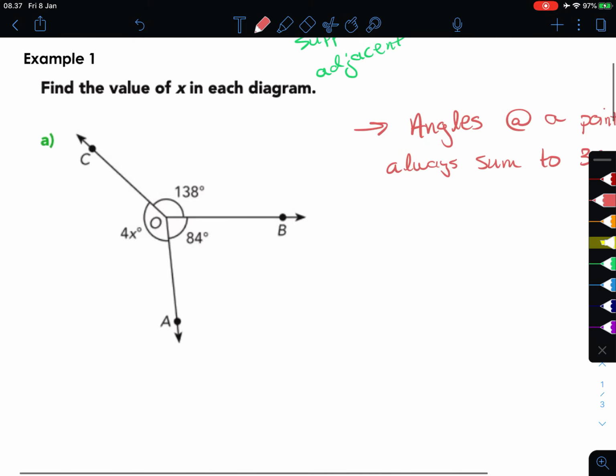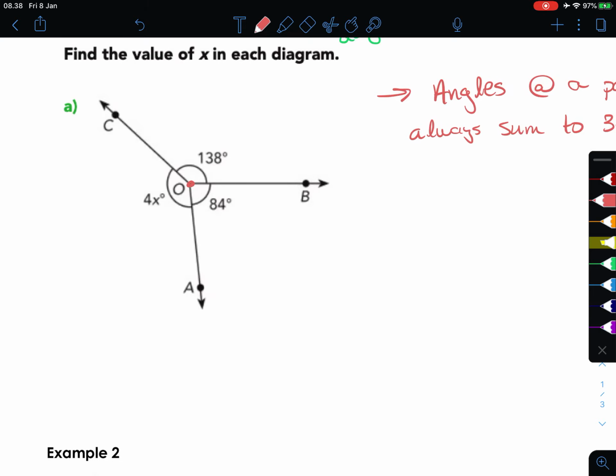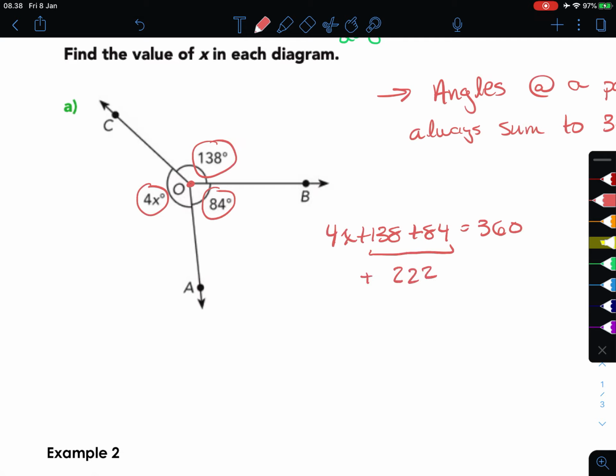So how do we solve problems that look like this? Well, if I remember that angles at this point add up to 360, then I can add all these different values: 4x plus 138 plus 84 is equal to 360. And then I can simplify this. So that would be 222 plus 4x is equal to 360.